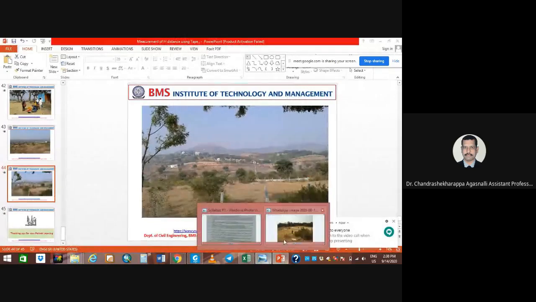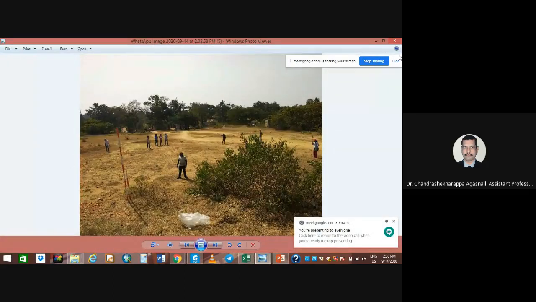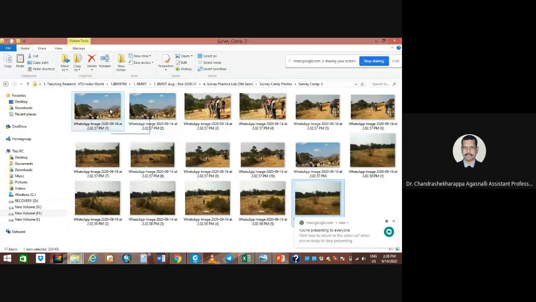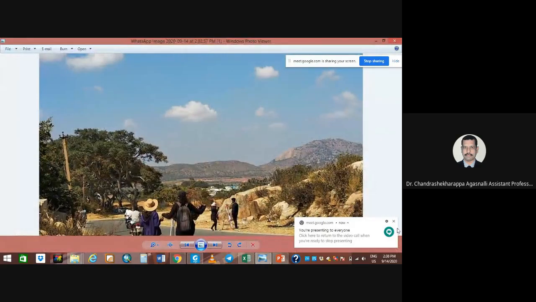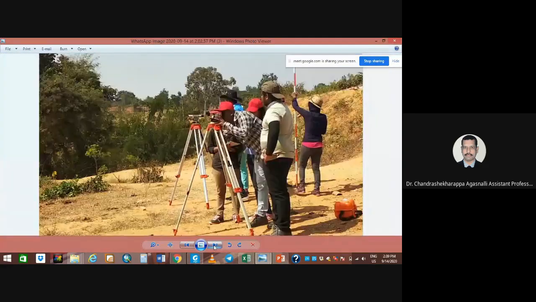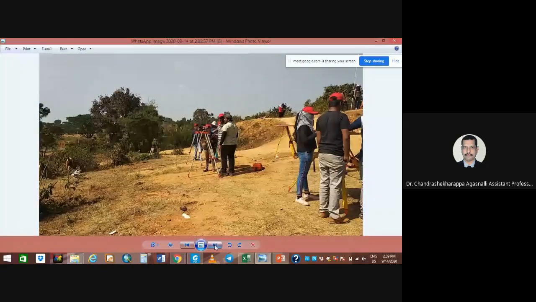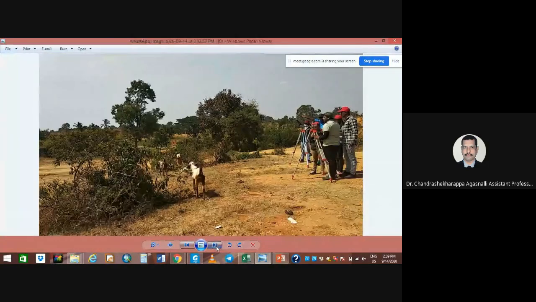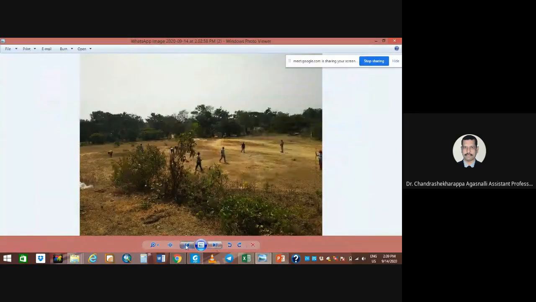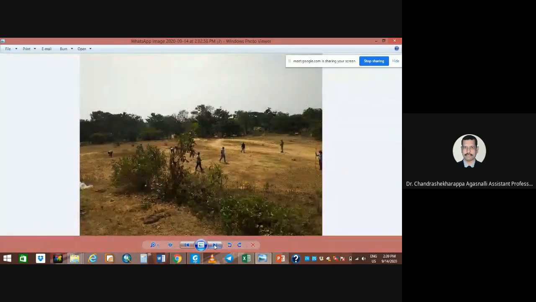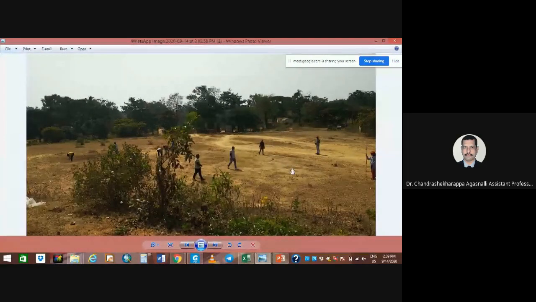Here, for leveling, they are using arrows and ranging rods.